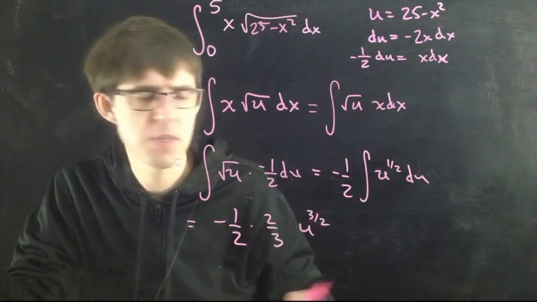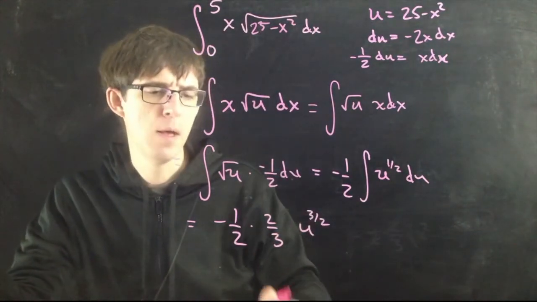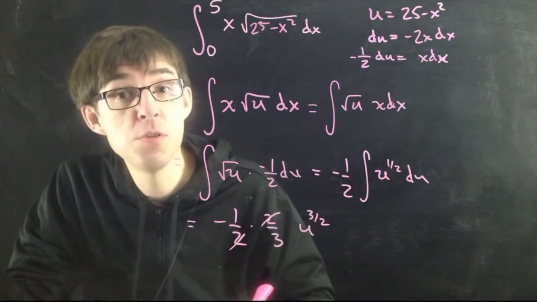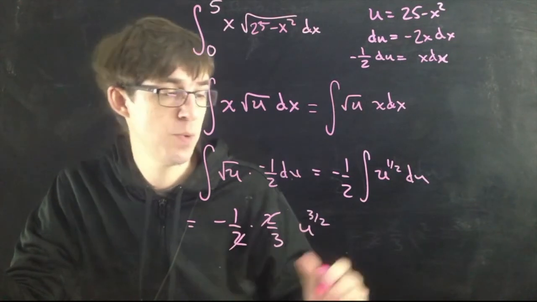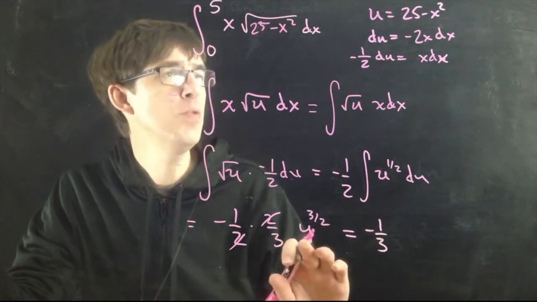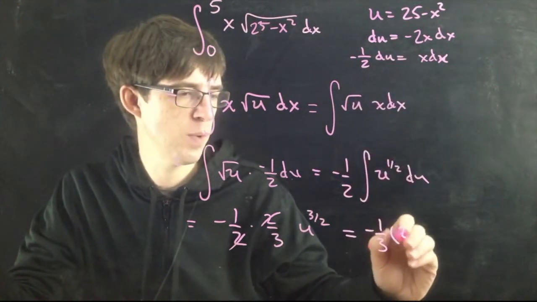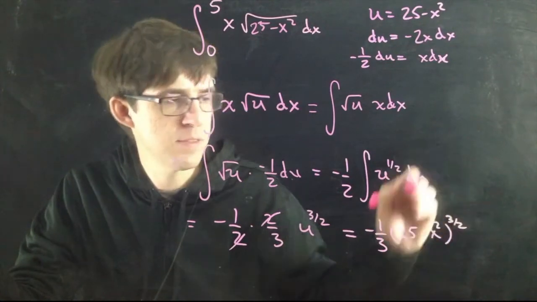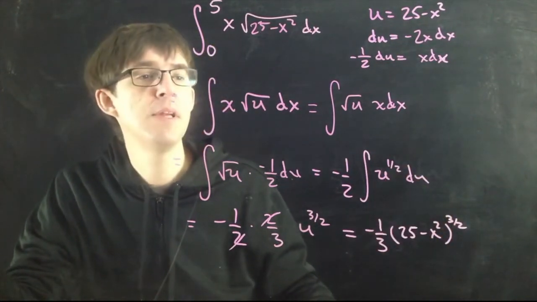It will cancel every time you do this, so I'm not even going to write it. Last step of the u substitution is to replace the x's where you see the u's. So this becomes minus a third. U is 25 minus x squared to the 3/2.